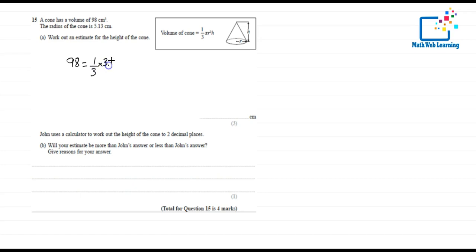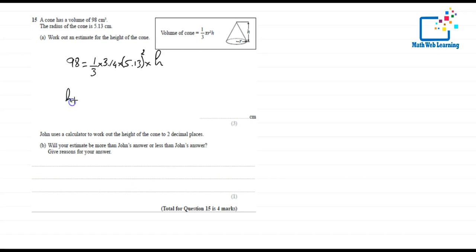I'm going to use pi as 3.14, and then times the radius squared. The radius is this one here. I'll put it in brackets, 5.13, square it, and then times the height. Now it's the height we want to calculate or estimate, so we need to make it the subject.